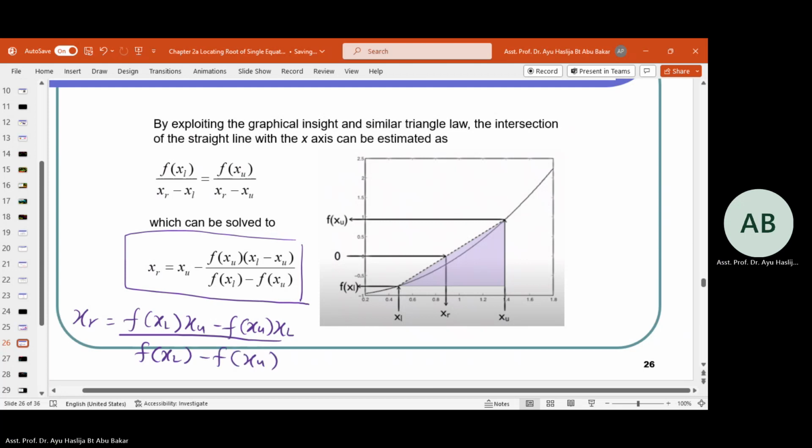So in the midterm test or final exam, you can use either one of the equations. Sometimes only one of the equations will be given, either this one or this one, so you need to know which belongs to which.